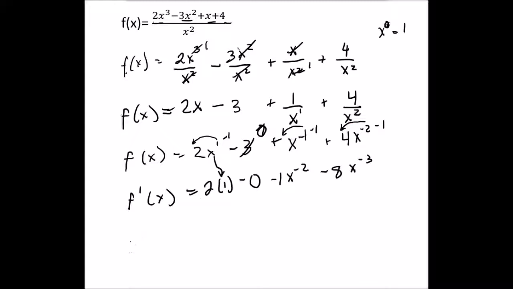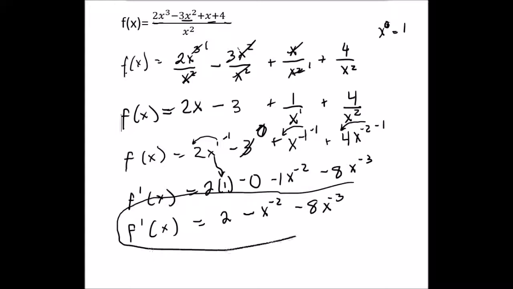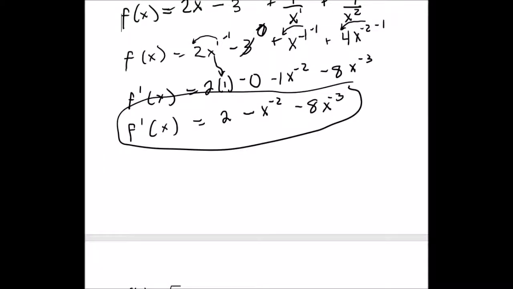So our derivative now can be cleaned up a little. 2 times 1 is 2. Minus 1x to the negative 2 power. Minus 8x to the negative 3. So this is one way of writing the answer. If you want to, you can actually take those x's down to the bottom.